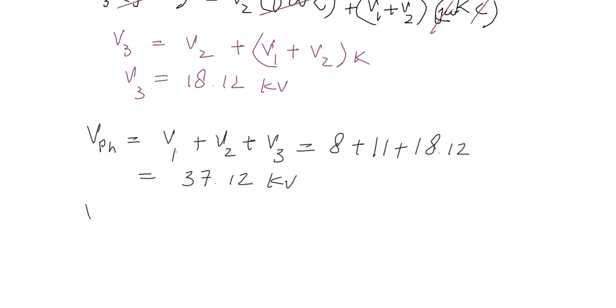Now our line voltage V line will be equal to square root of 3 times V phase, which will be approximately 64.29 kilovolt.